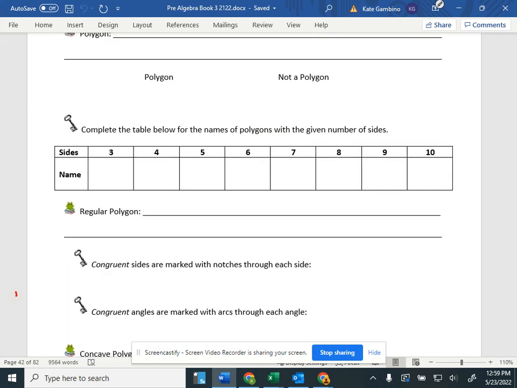So, let me get the correct spelling for us. Since his examples went up to 12, let's do 11, just so we know it. An 11-sided figure would be called a hendecagon. Yeah. 11-sided figure is a hendecagon.